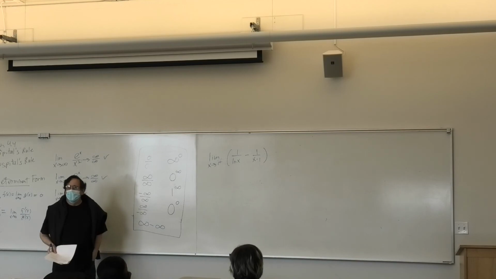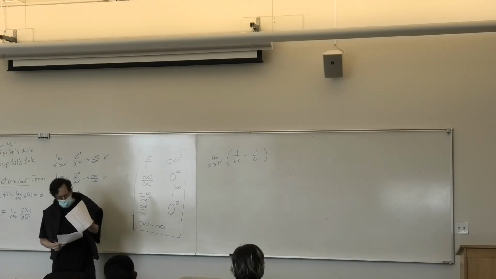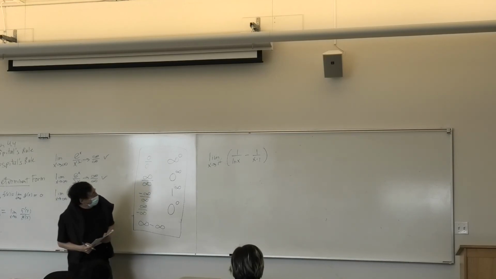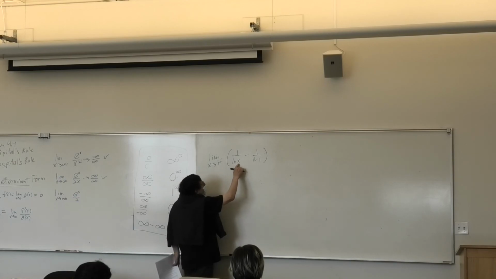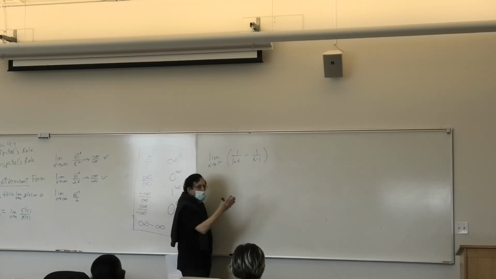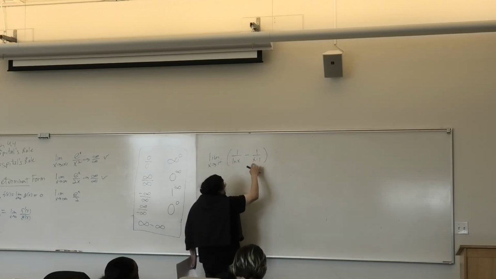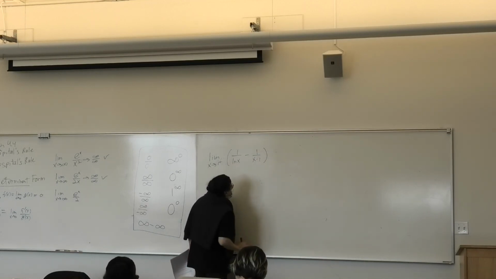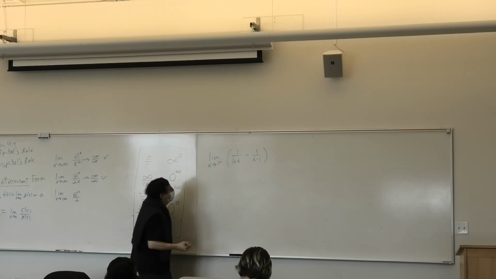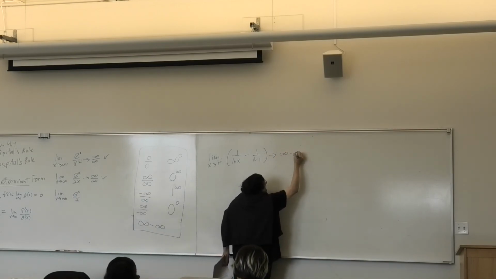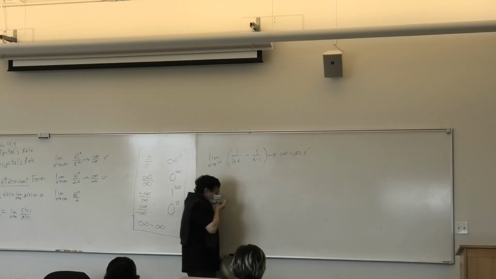I'm going to finish this one up, and then we'll do a little more next Tuesday. Okay, so log of 1 is 0. This is going to infinity. 1 over x minus 1 is going to infinity. So we can apply the rule.